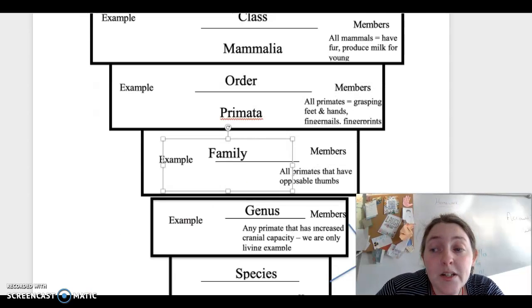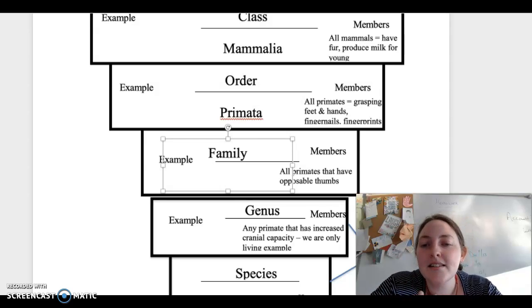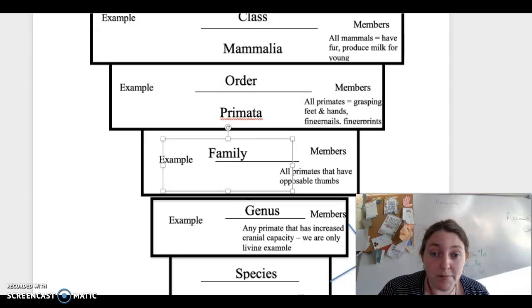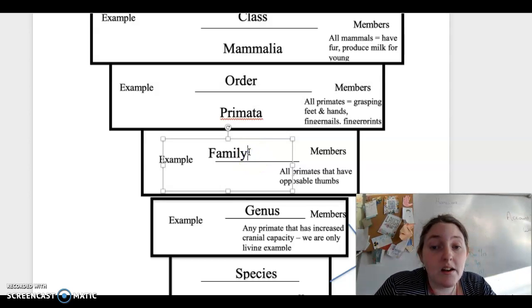It excludes any other animal that's not considered a primate, like cats, dogs, mice, anything that is considered a mammal but not a primate. So horses, cows, all of those are now excluded. We're focusing on primates. Now we're going to focus even more in the primate section and focus on the ones that only have opposable thumbs.